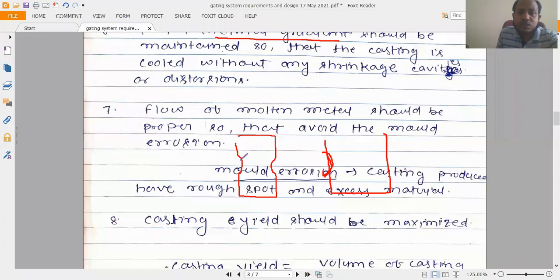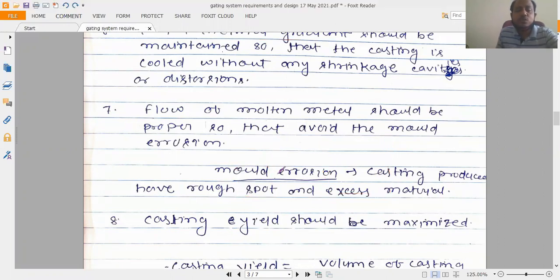So that is called mold erosion. Here you can see, if we get a casting like that where the molten metal is not there, this is called the erosion part. It is called the defect, mold erosion.